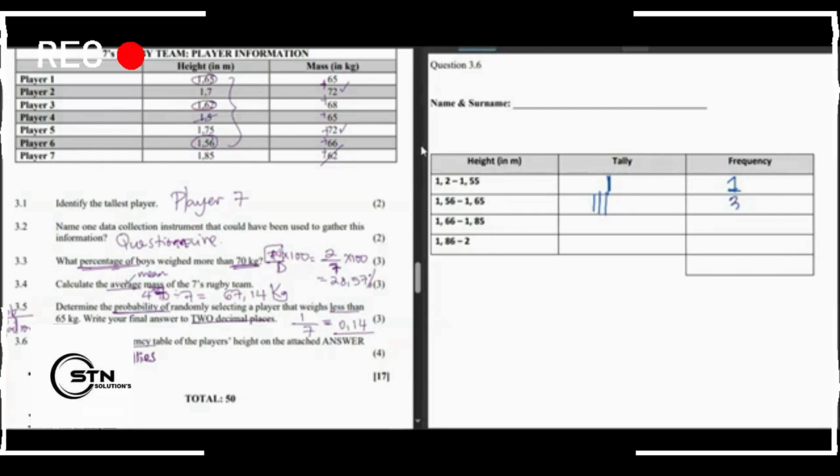And here we have number 3. Between 1,66 and 1,85, the first one is here, 1. This one is in between, also 1. So also here we have 3 of them. So here we have nothing. That's how we fill in the frequency table.